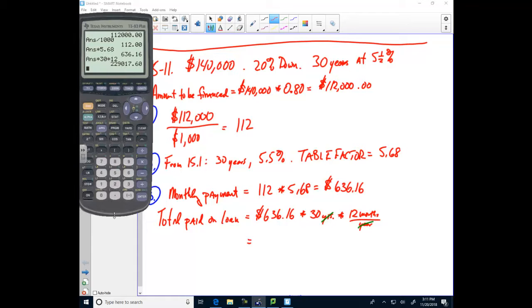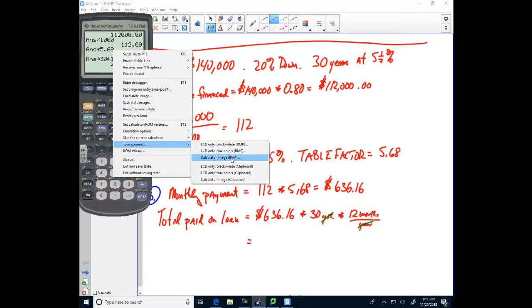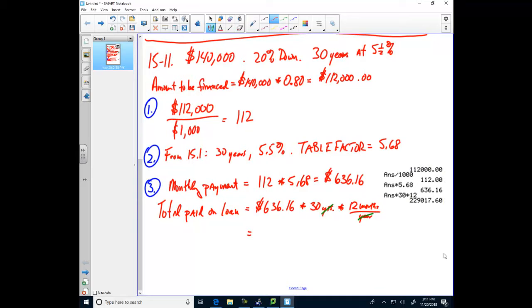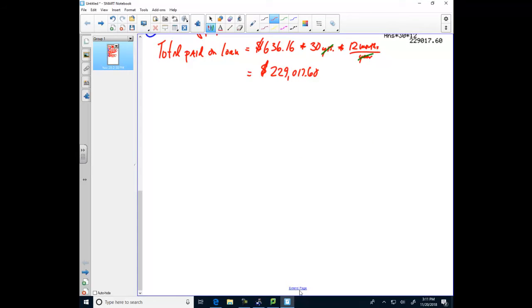So that's almost $100,000 more. Really hurts my wallet. So that's about $229,000 total paid on the loan. Now to get the amount of interest, it's going to be the total you paid minus how much you financed.